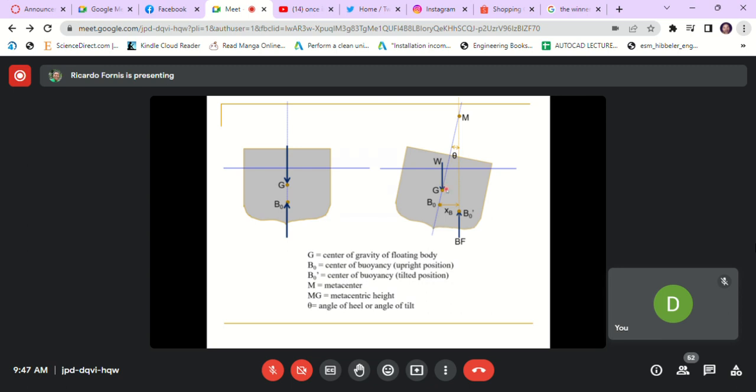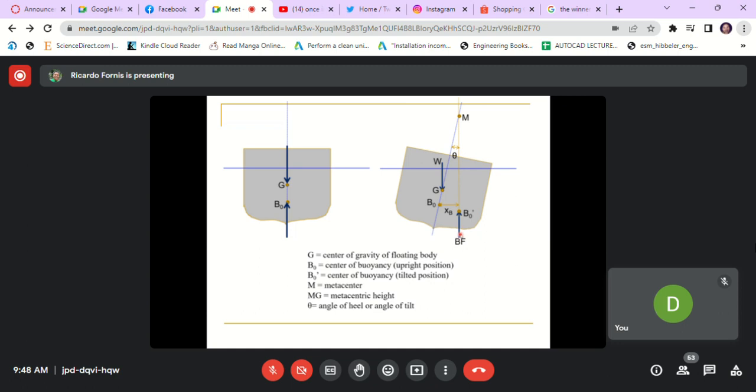So that's the assumption: the floating object, in this case the ship, and the cargos are intact and properly tied so that they will not shift from one location to another.